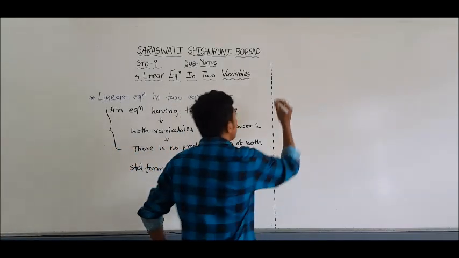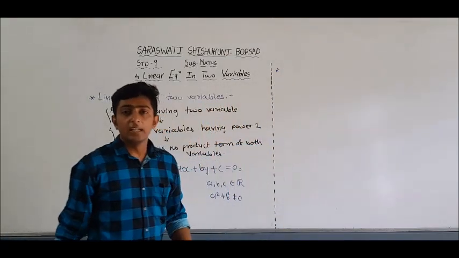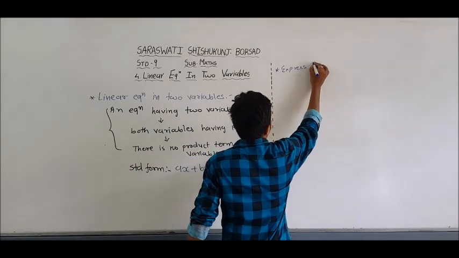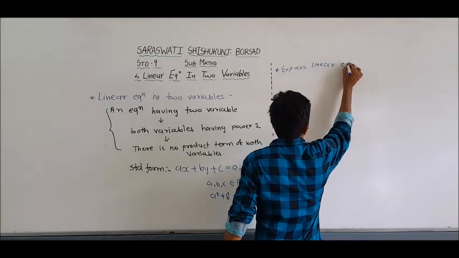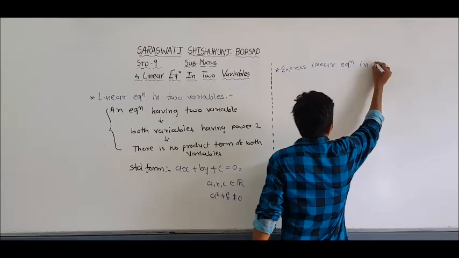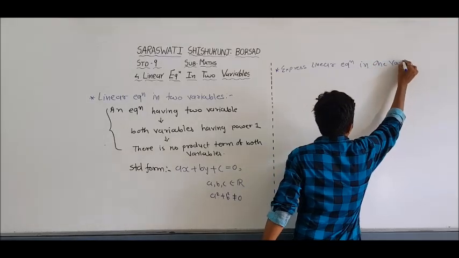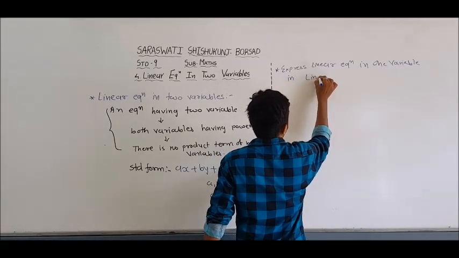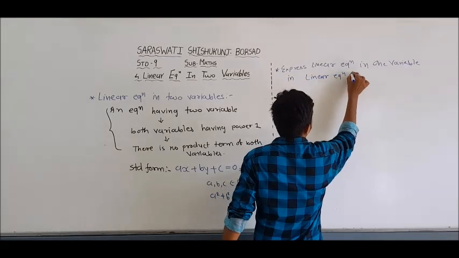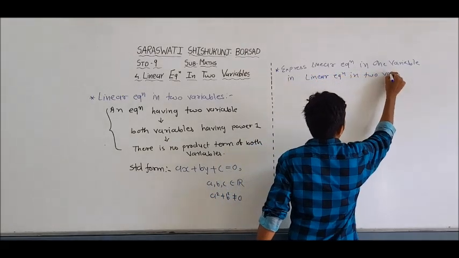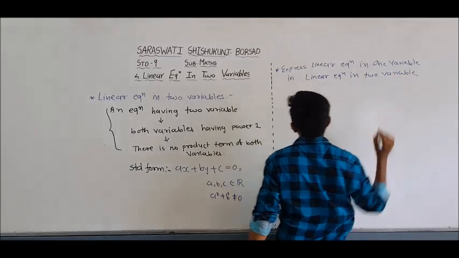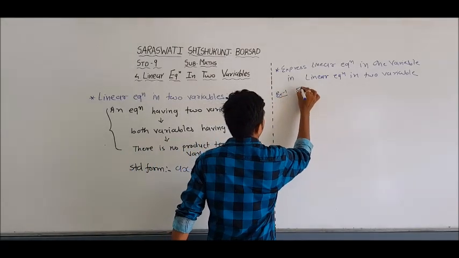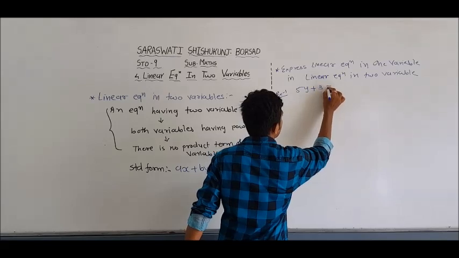Let us first see the example. Express a linear equation in one variable as a linear equation in two variables. Example number 1: 5y plus 3 equal to 0.